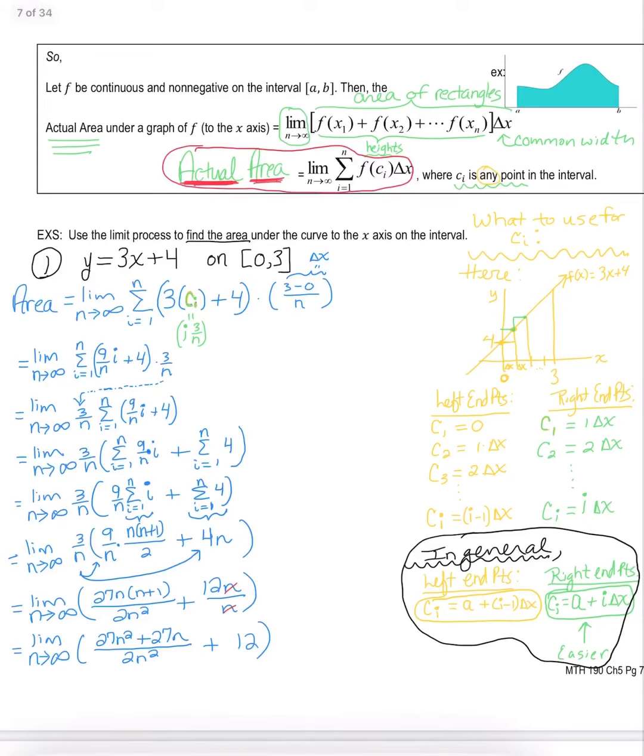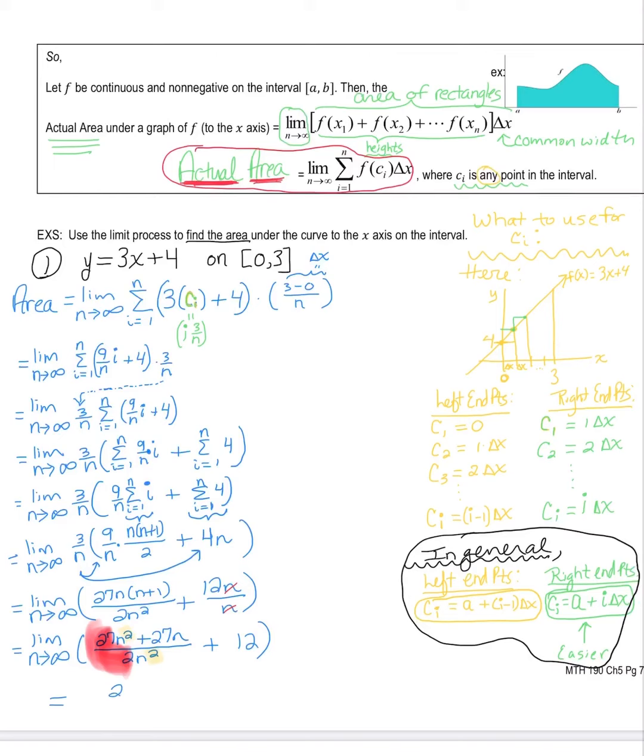So because the degree of your numerator is equal to the degree of your denominator, your limit becomes the ratio of the lead coefficients. All right, so what do we get?